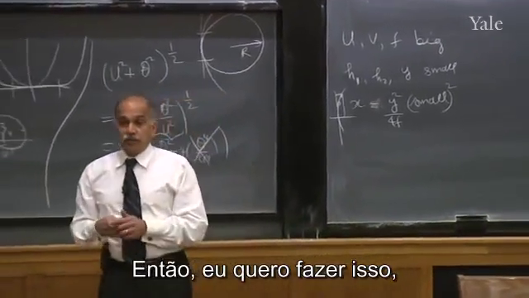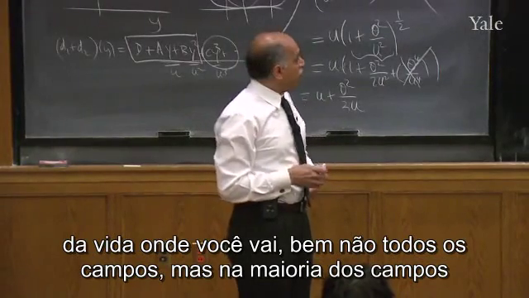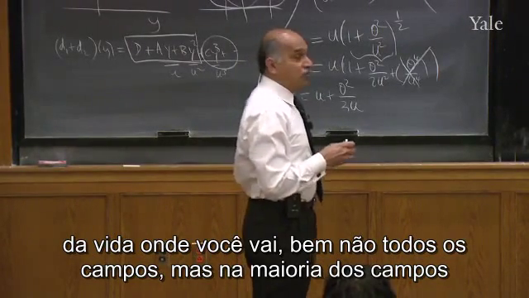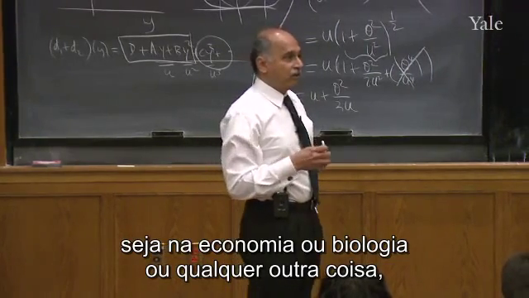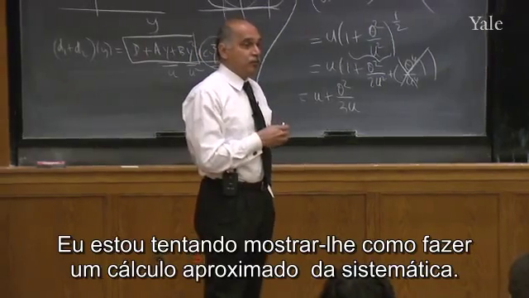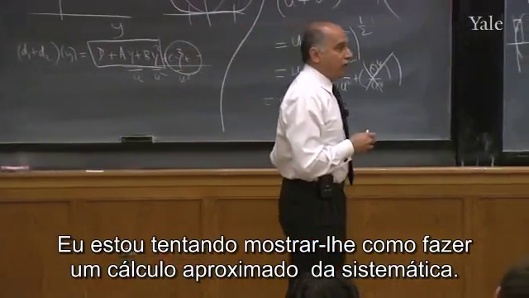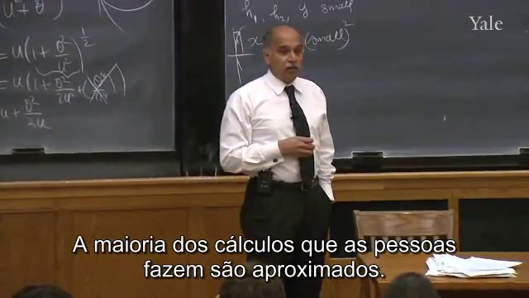So I want to do this because no matter what field of life you go into, well, not every field, but in most fields where you have to do some kind of calculation, whether it's in economics or biology or whatever, you should know how to do approximate calculations. I'm trying to show you how to do a systematic approximate calculation. Most of the calculations people do are approximate.